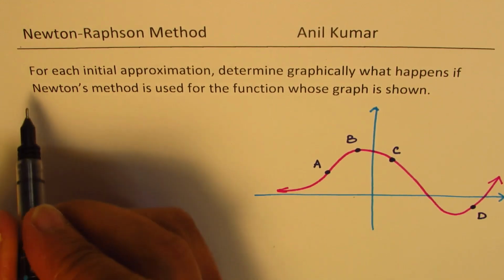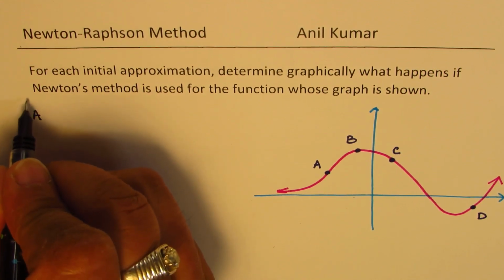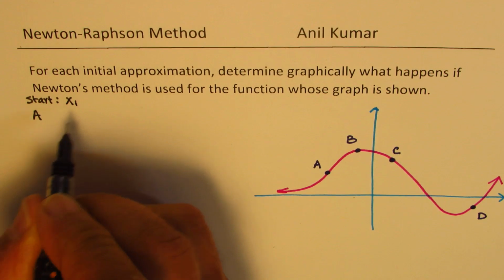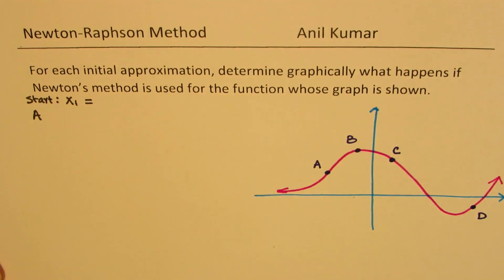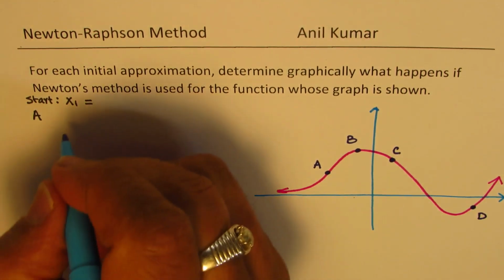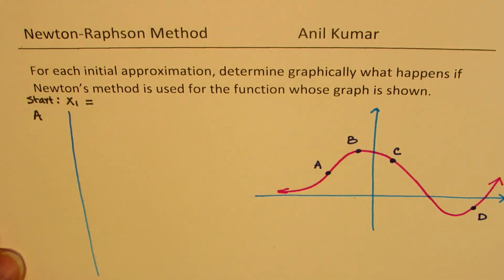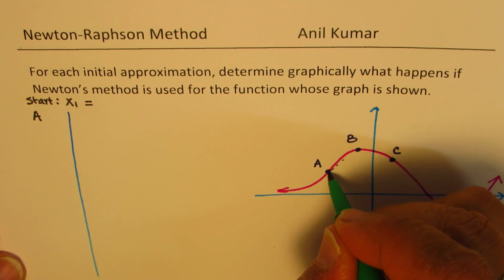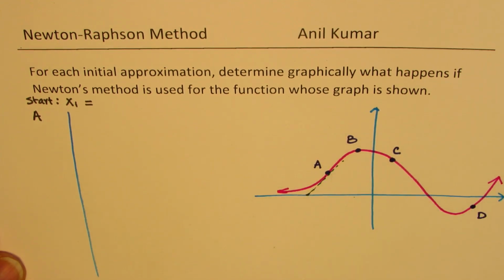Now let's see what happens when we start at A. So if we start, that means we're taking x1 as equal to A, for example. In that case, what happens? So if I have A, then the tangent line will have x-intercept somewhere there.